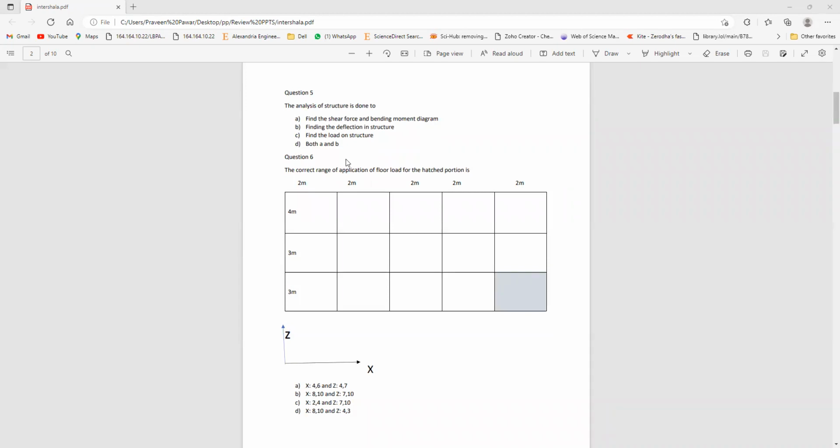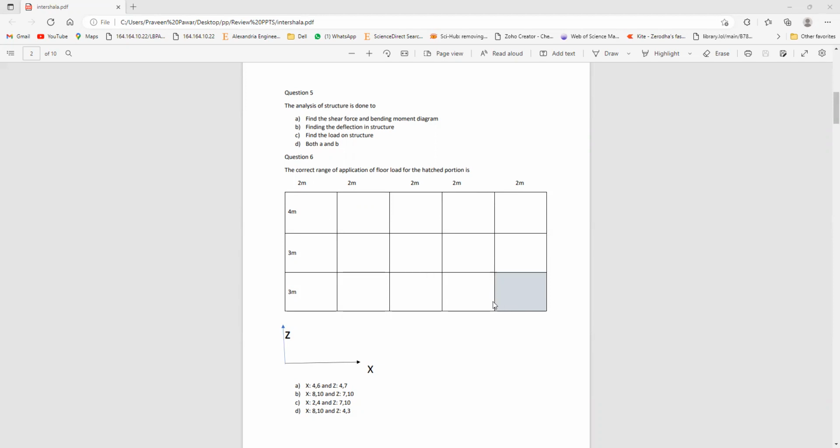Now coming to question 6. The correct range of application of floor load for the hatched portion is. This is the area of a slab, and this portion is hatched. If I want to assign a floor load, what coordinates are we supposed to give in the floor loading?